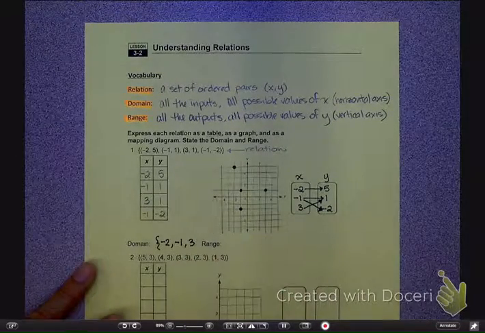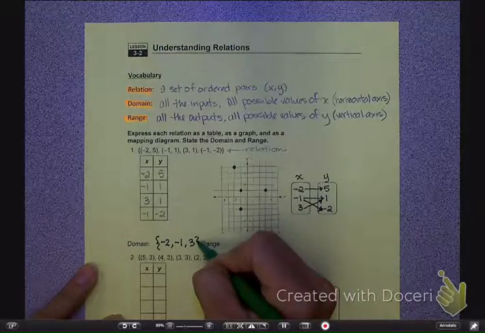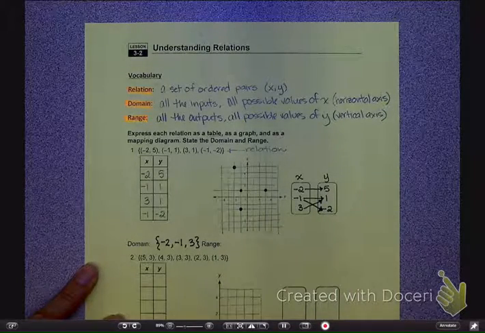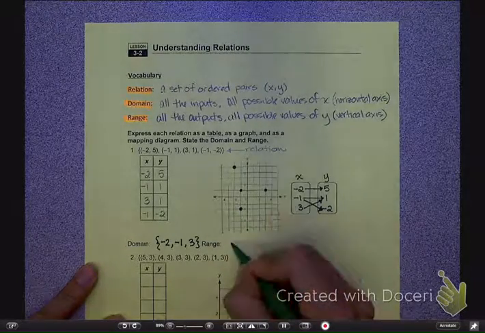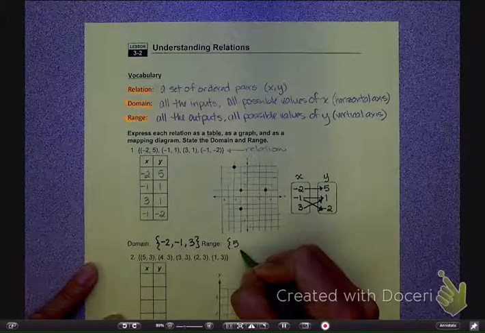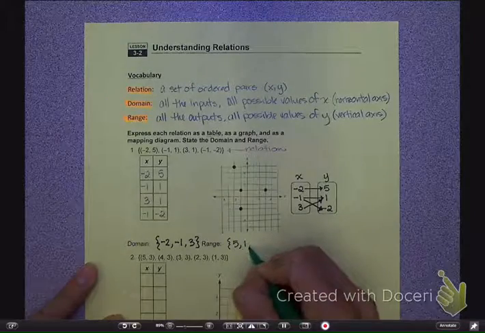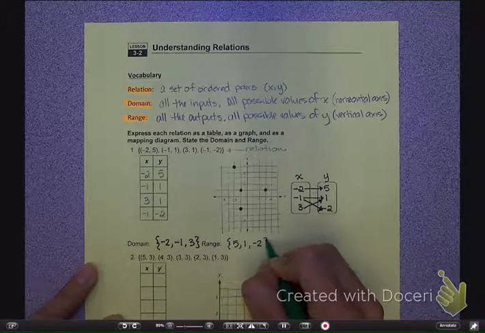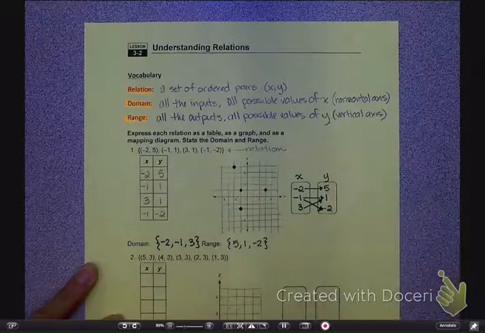Okay? All right, for my range, I'm going to go ahead and write here 5, 1, and negative 2. I'm getting those values right there.